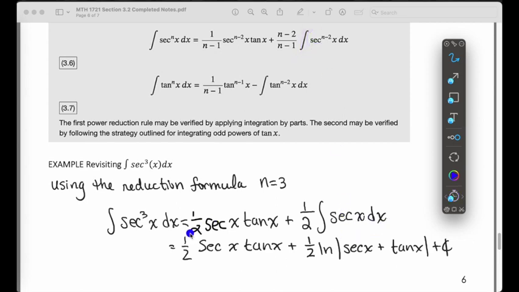Now, by reducing the power, by using the substitution, we have 1/2 secant x tan x plus this integral here that we can use our direct integration formula for. So when I evaluate 1/2 the integral of secant x dx, I get 1/2 the natural log of secant x plus tan x, and then of course my plus constant.